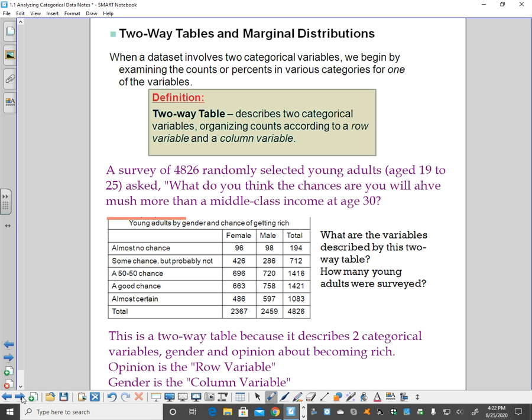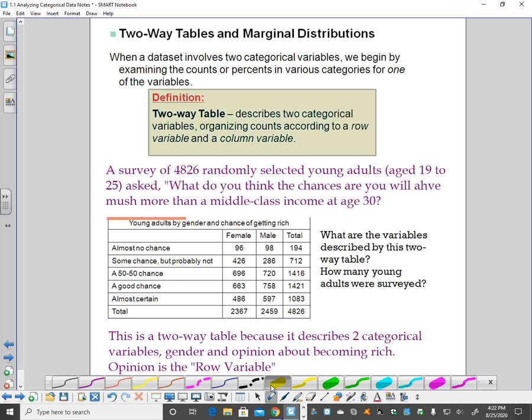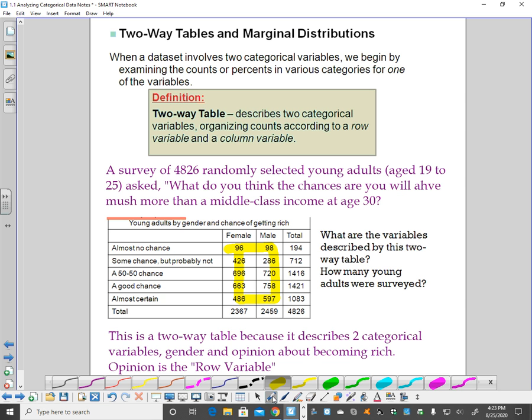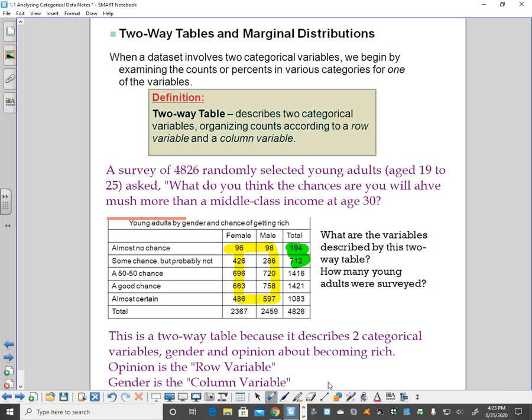Okay, now let's look at the table. We've got young adults by gender and chance of getting rich. So I didn't just ask everybody their opinion, I categorized them by their gender. So you can see that in this table, I have these numbers, and then I have totals.